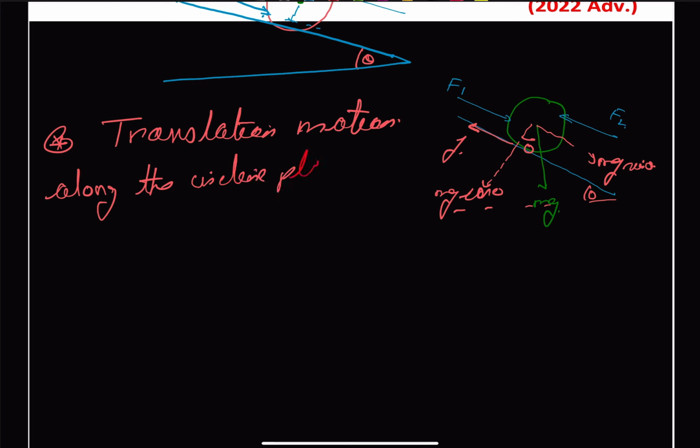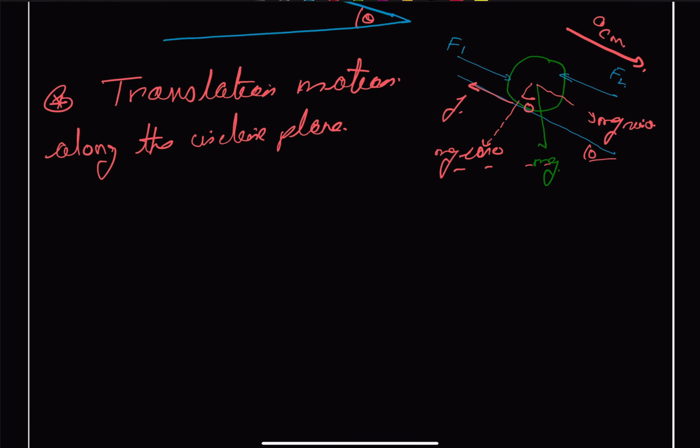Let the acceleration be ACM in the downward direction. So we can write the equation: mass times acceleration equals mg sin theta plus F1 minus F2 minus the frictional force.